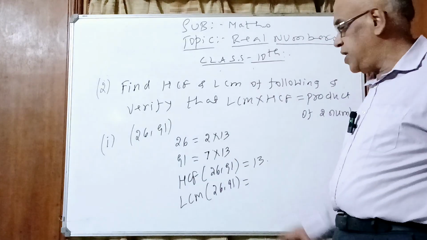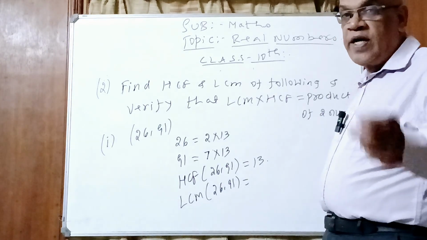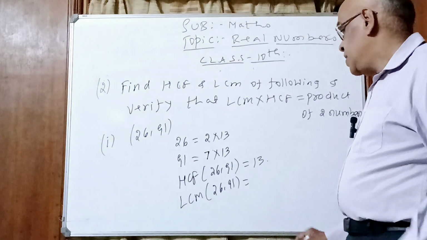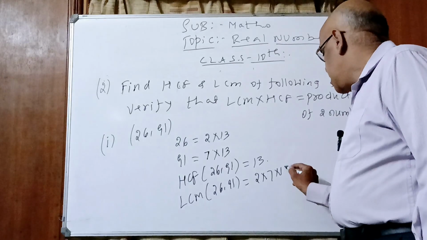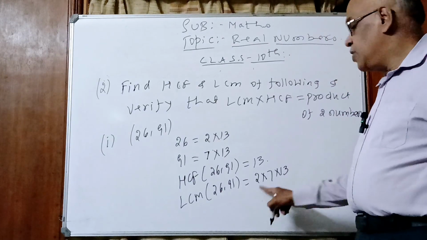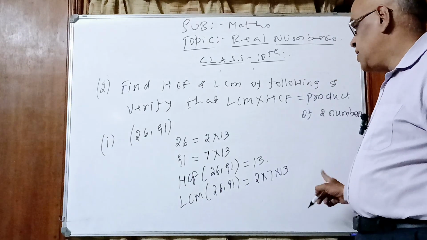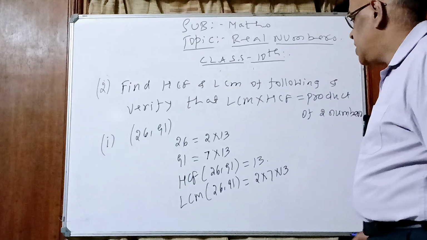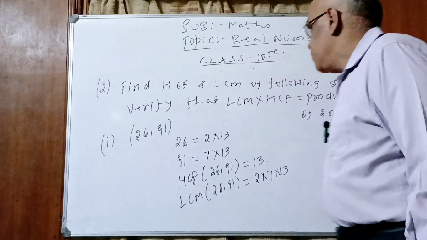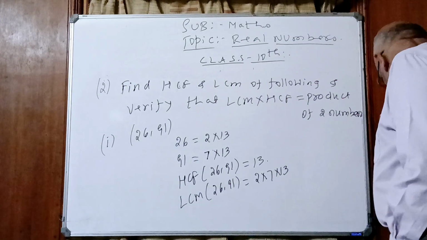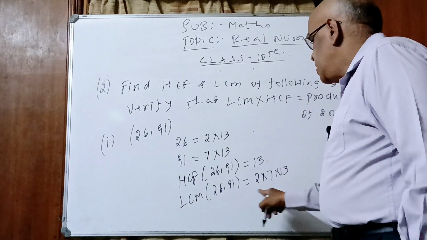Common is only 13 here. Then LCM is the highest power of each factor involved in the numbers: 2 into 7 into 13. Yes or no? Come, we will carry that and see. So now HCF, 26 into 91.